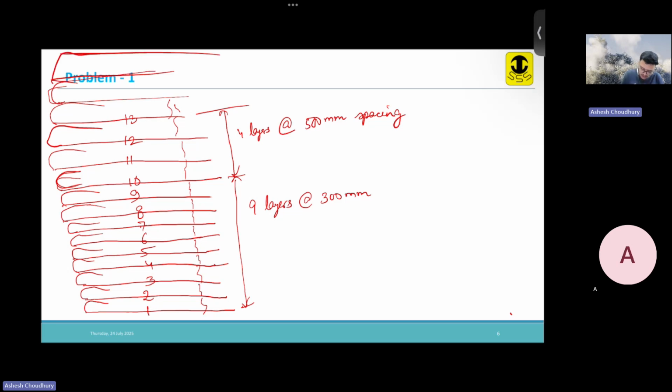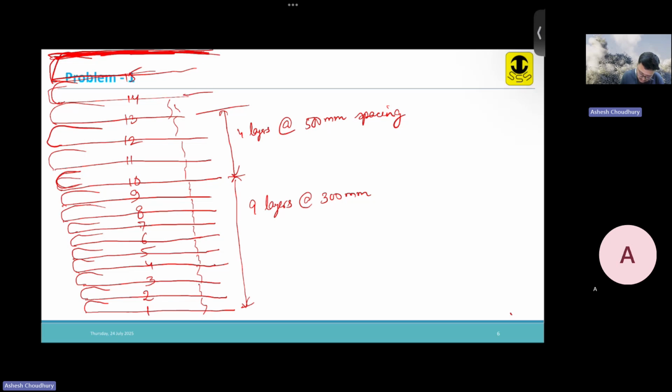Okay, this is the top. So remaining 14, 15. So this is the last layer. This is the top. This is my top. This thick part is my top.